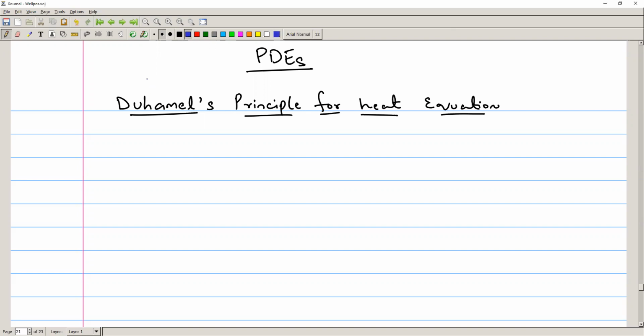So in this class, we are going to discuss the solution of the heat equation using Duhamel's principle. We are dealing with non-homogeneous heat equations of the form u_t minus u_xx equals some function of x and t.